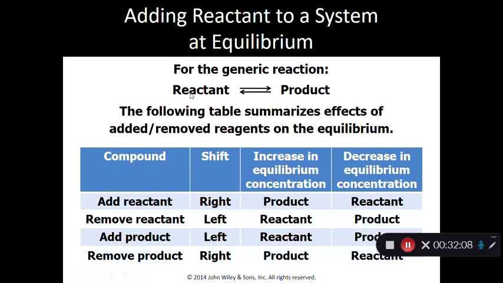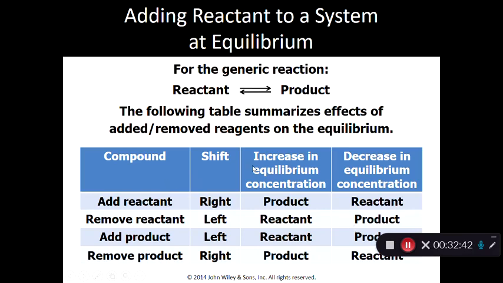If I remove reactant, so we don't have enough reactant, the system is going to produce reactant. Shift to the left to produce the reactants. So reactant is going to increase and product is going to be used, so it decreases.